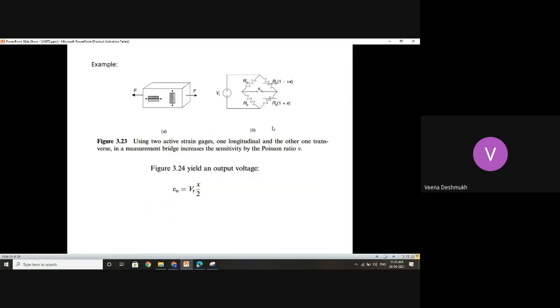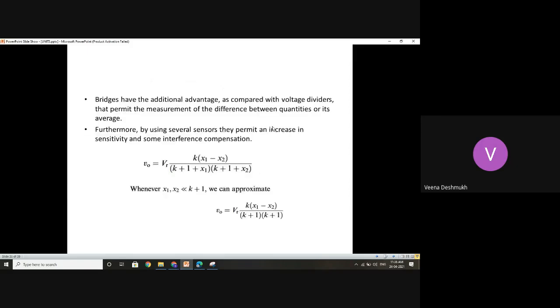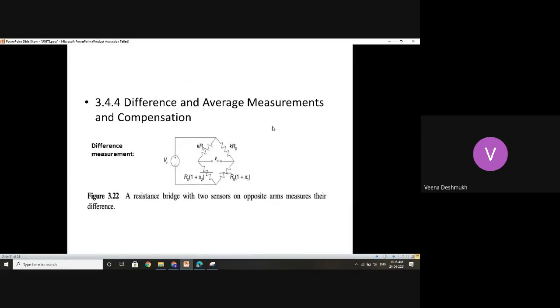Similarly, when we are measuring the differences, the earlier case we have seen, to measure the difference in the temperatures, especially in case of pipes, where one point of the pipe is at a certain temperature, the other point of the pipe is at a different temperature.